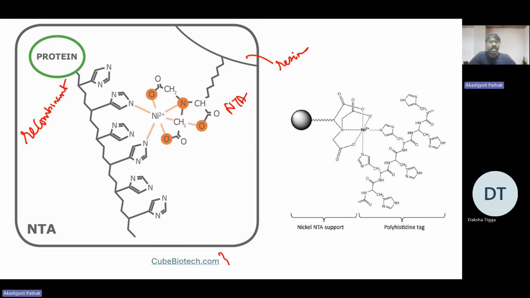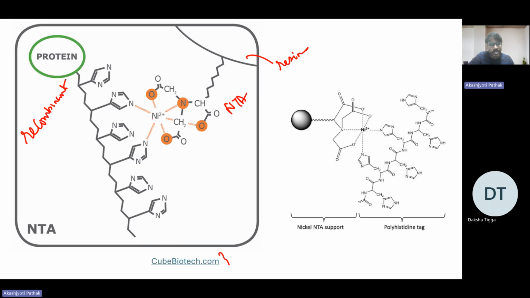So this structure is present. This forms a coordinate bond with the nickel, and then this nickel forms a coordinate bond with your histidine-tagged protein.